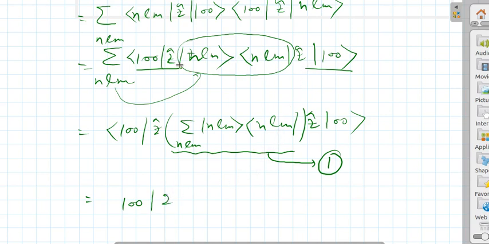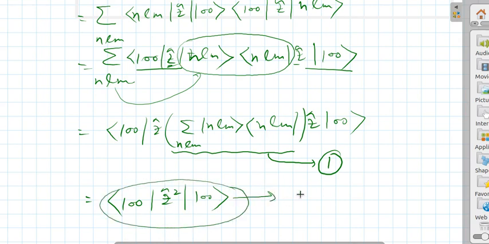So if its value is 1, one Z is here and another Z is here, so I can write it as 100 Z square 100, and its value, again from the problem of the hydrogen atom, is a naught square. That's right.